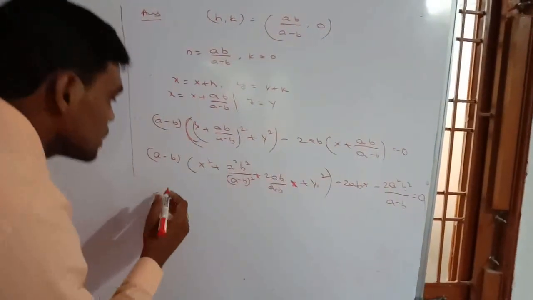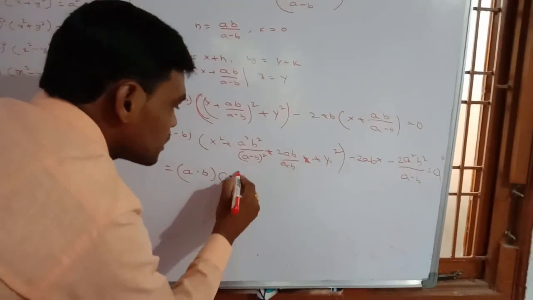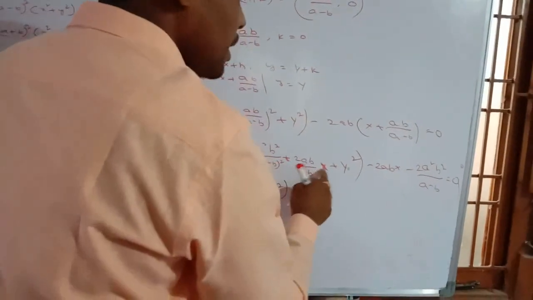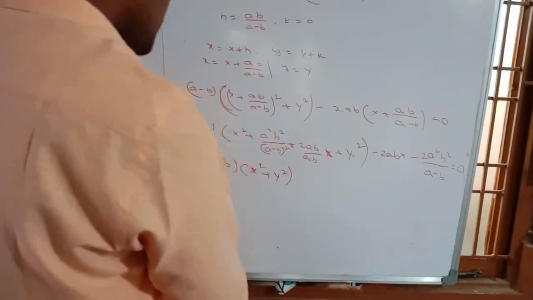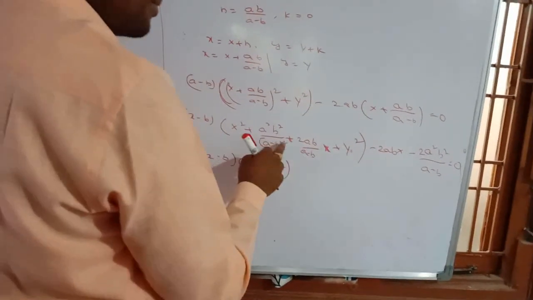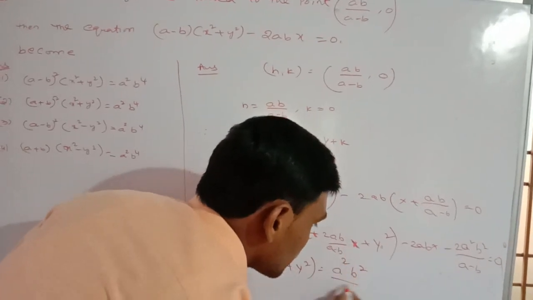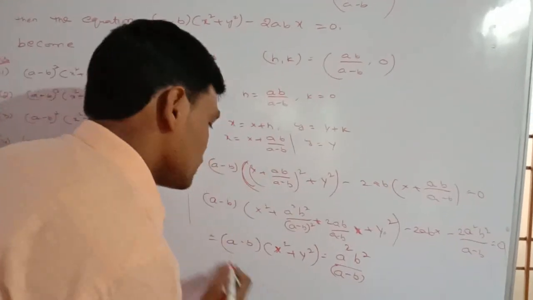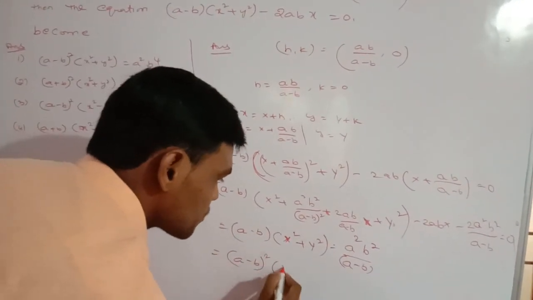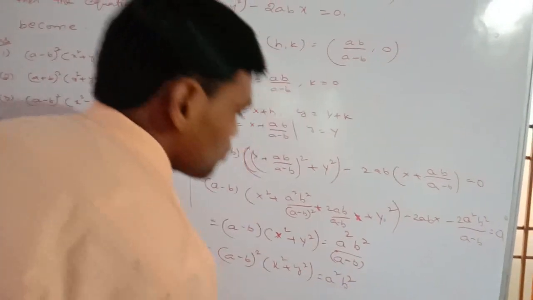So the total final answer is a minus b into capital X square plus capital Y square, where plus 2abx and minus 2abx are cancelled, and this is a minus b into a square b square by a minus b, and this is a minus b whole square into x square plus y square is equal to a square plus b square.